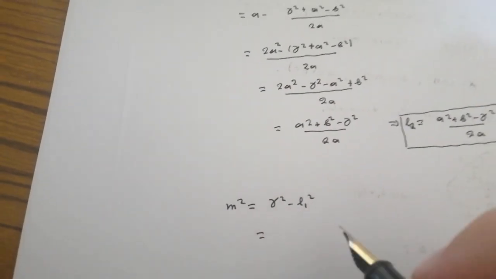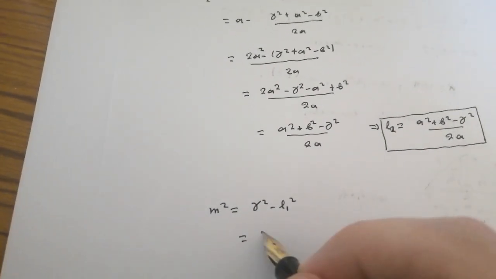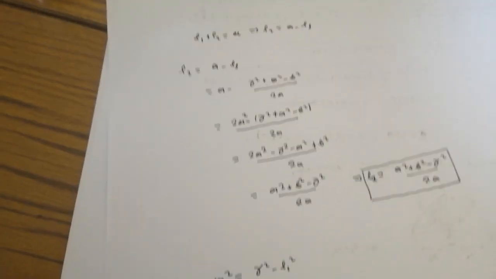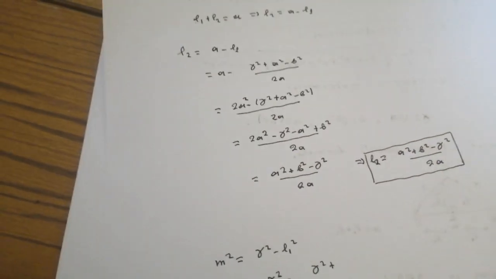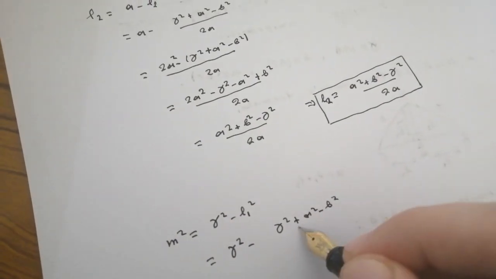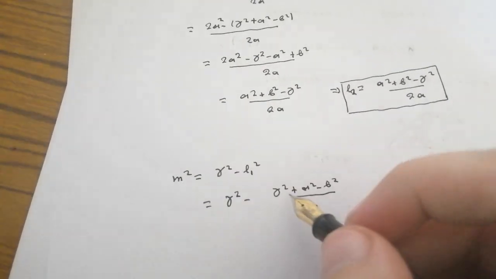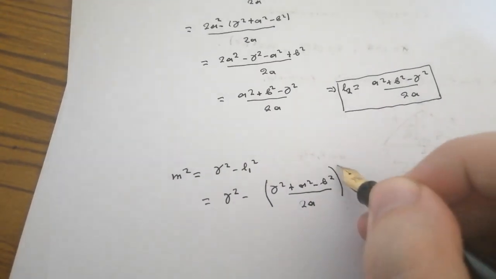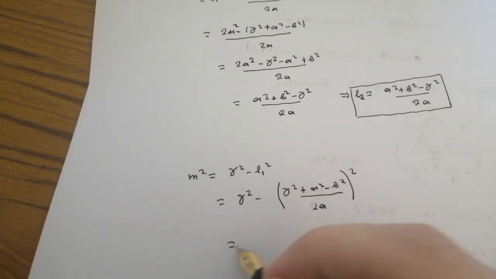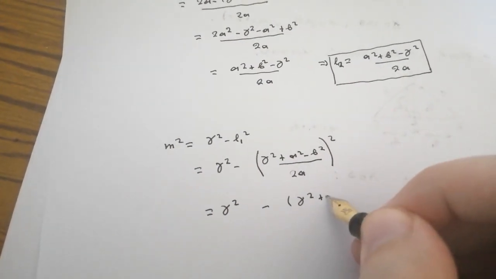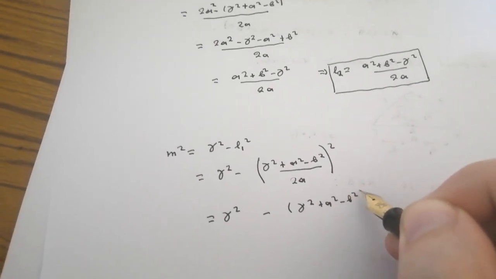So this would be gamma squared minus ((gamma squared plus alpha squared minus beta squared) over 2 times alpha) to the power of 2.